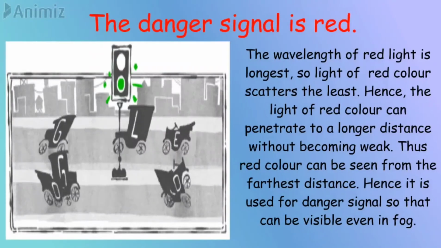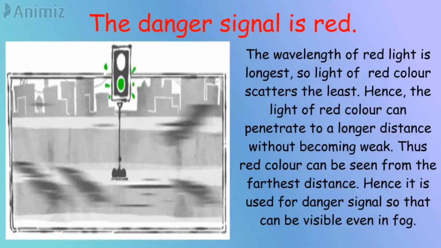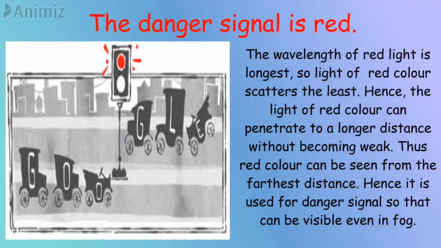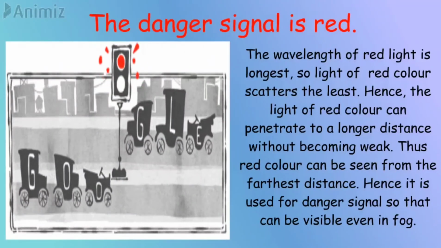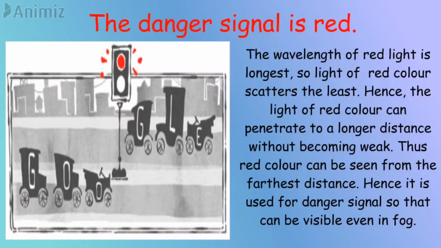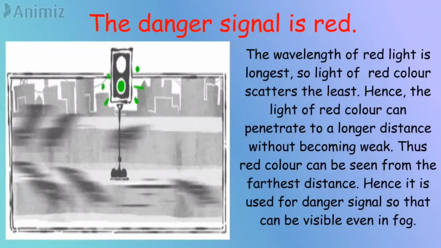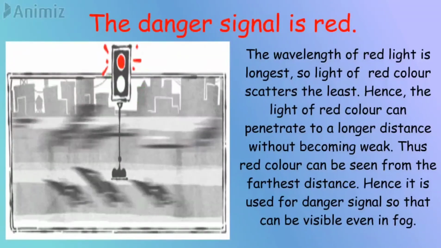Hence it is used for danger signals, so that it can be visible even in the fog. So always keep in mind, the scattering of red color among the visible range is the least. Because of that, it can be seen from the farthest distance for a longer time.